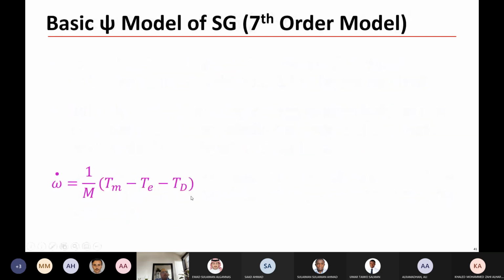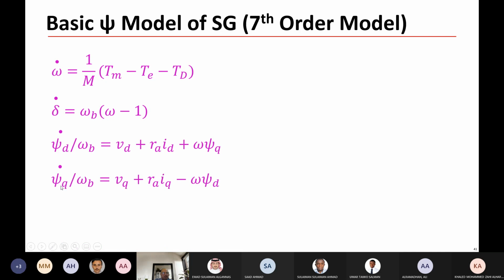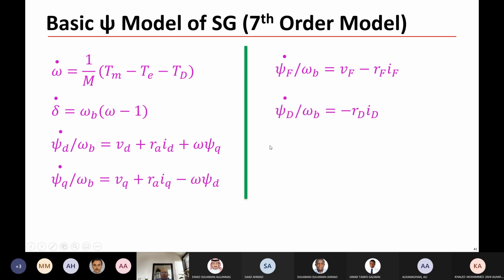As we derived this model earlier, this is a swing equation in addition to the flux linkage in direct axis, flux linkage in quadrature axis, flux field winding, and the damper winding in the direct axis and damper winding in the quadrature axis.